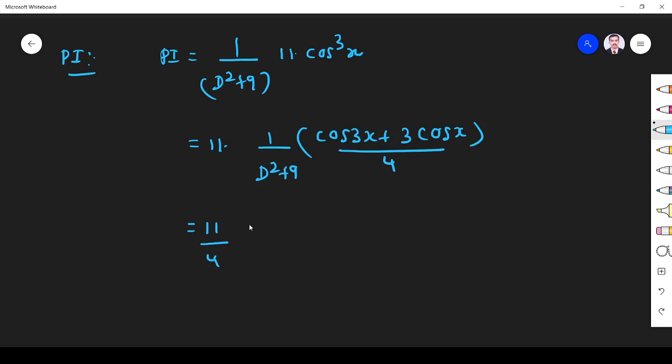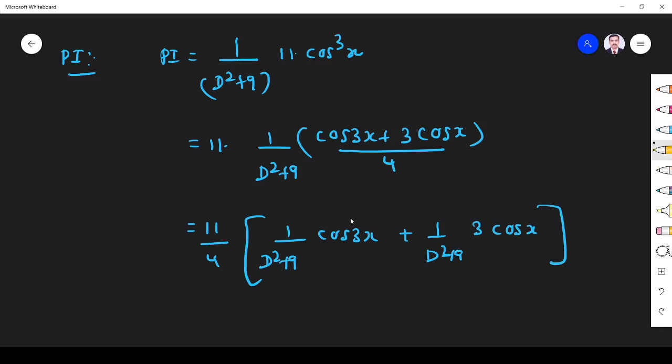So now we can bring this inside. 1 by D squared plus 9 cos 3x, this is type 2 format, plus 1 by D squared plus 9, 3 cos x. Here a is equal to 3, here a is equal to 1. Now what we have to do?